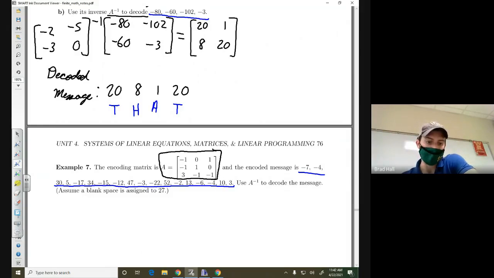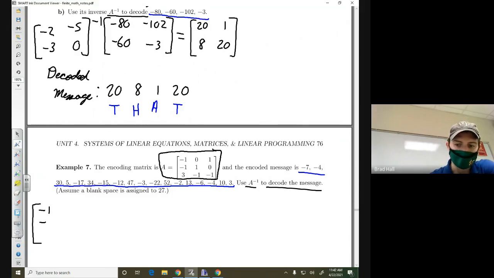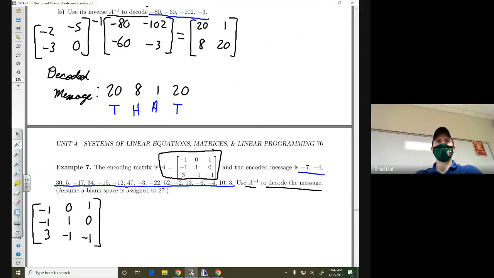They tell us to use A inverse to decode the message. So they give us the hint, use A inverse to decode the message. Well, A is -1, -1, 3, 0, 1, -1, 1, 0, -1. That's the encoding matrix they give us, but we have to apply the -1 in order to decode. Notice I have the -1 symbol here.